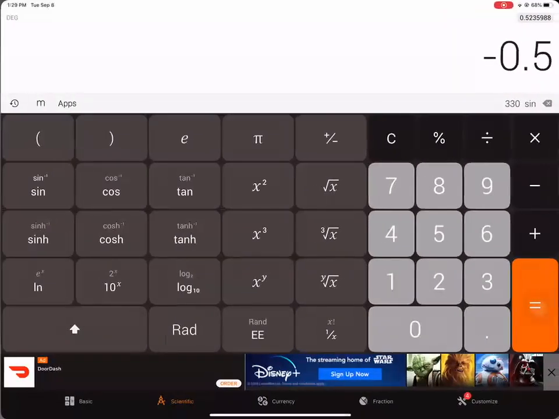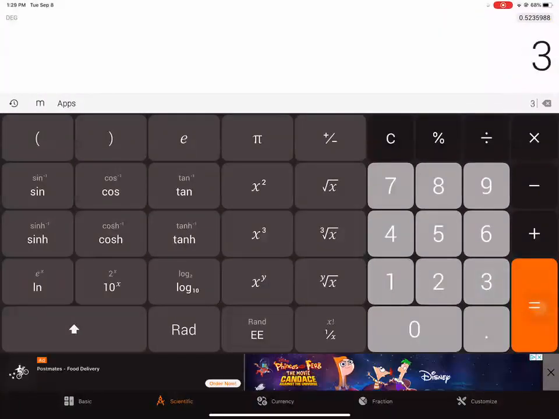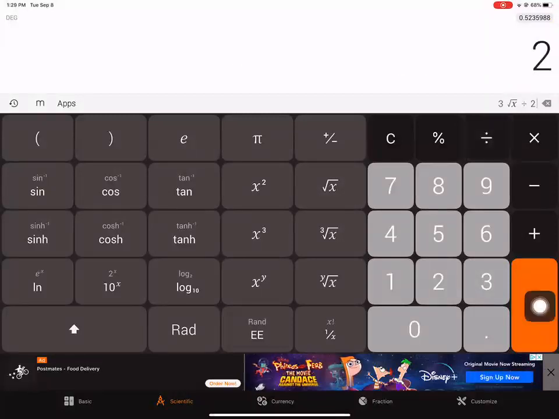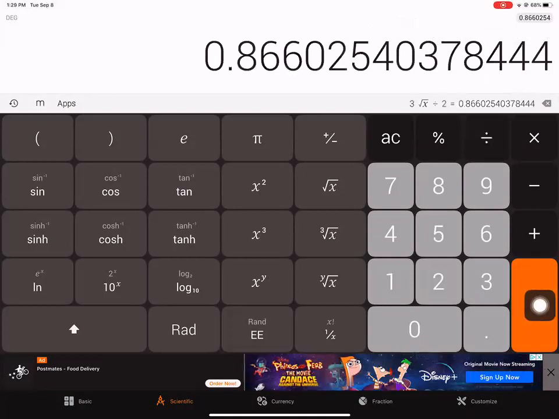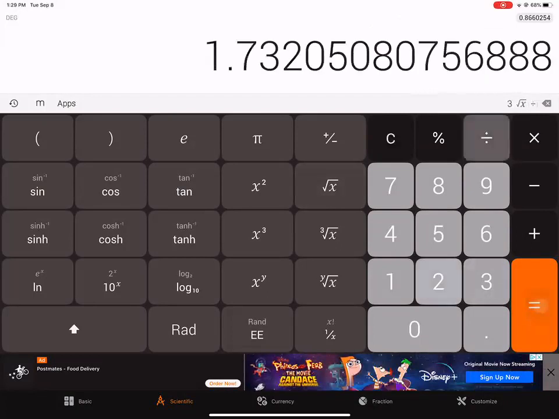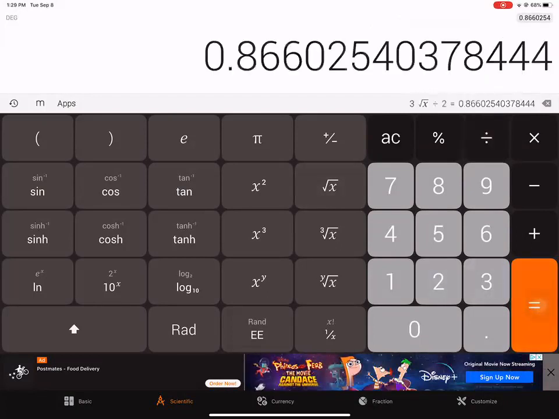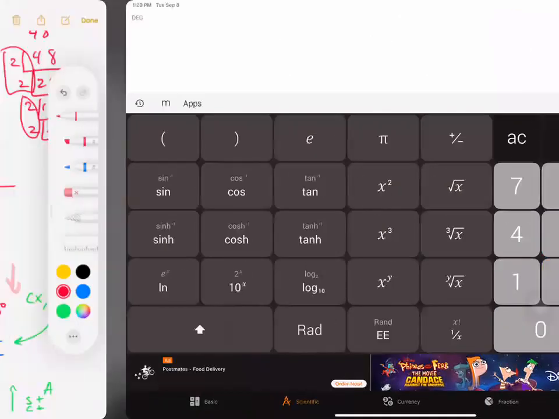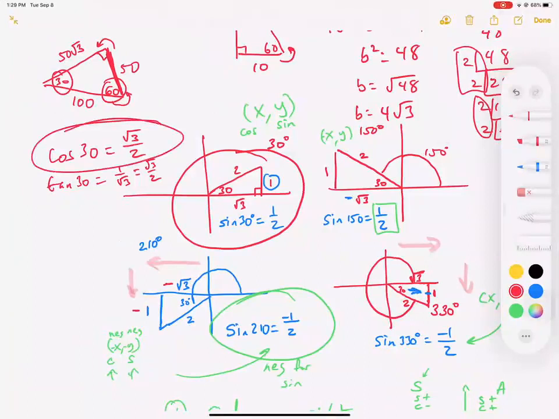Cosine of 30. First, I want to make sure you guys know what square root of 3 over 2 is. Square root of 3 over 2 is 0.86. Everyone keep that in your head. So what is the cosine of 30?